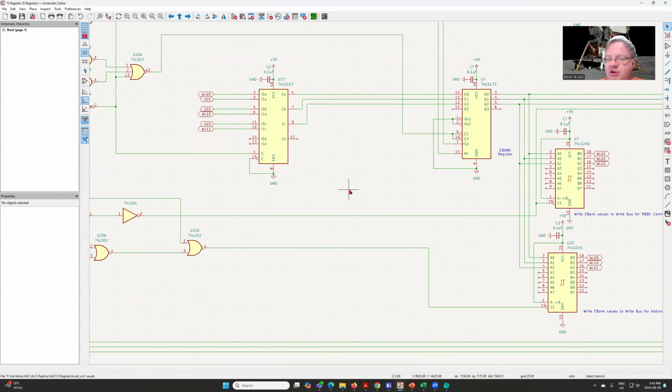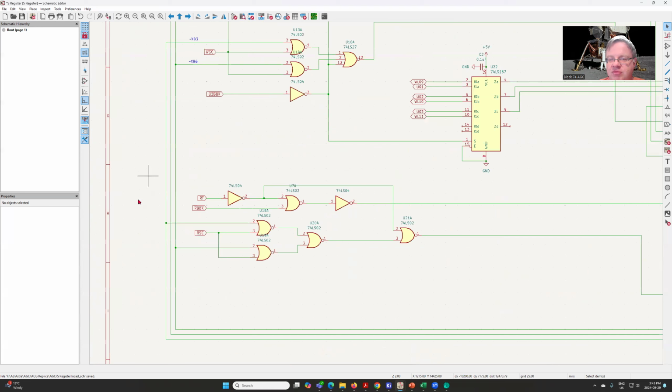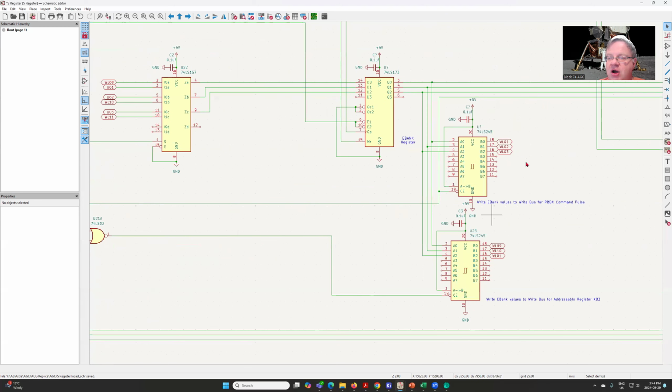Now, we also have a couple scenarios where we need to get data out of our EBANK register. And this is where we've created the read logic in order to either bring it out through our RBBK control pulse, or through RSC if we're going to use the direct access into this register. So depending on which option, we then will read the contents out of the EBANK register.